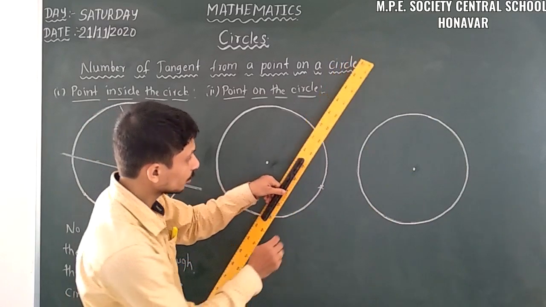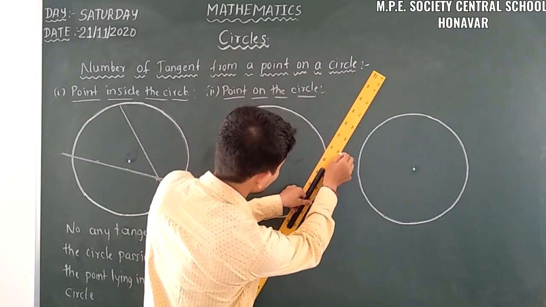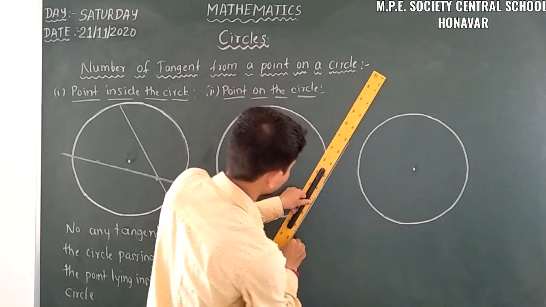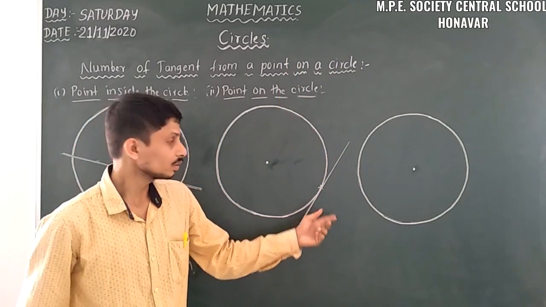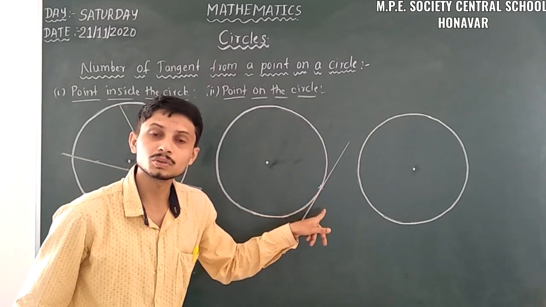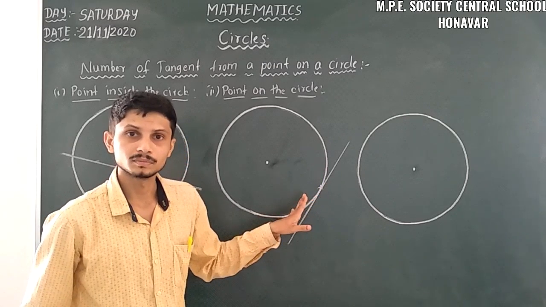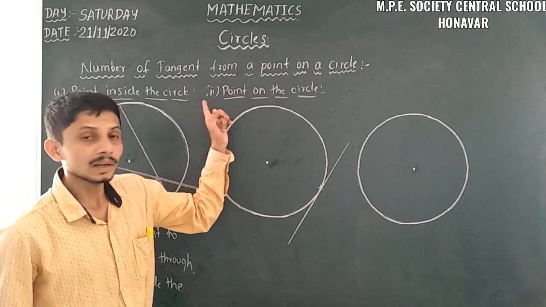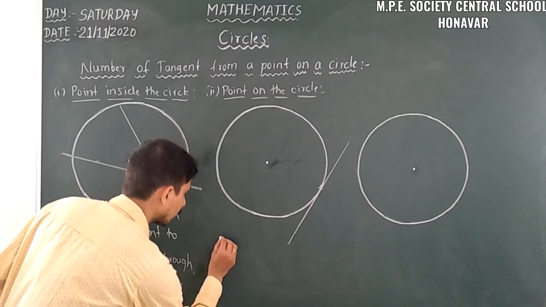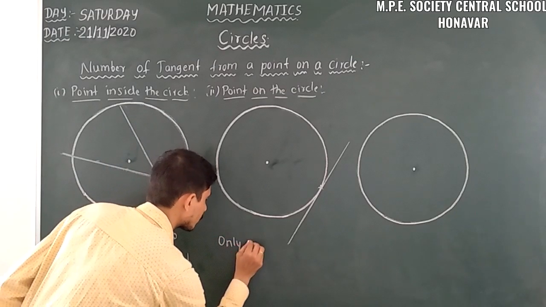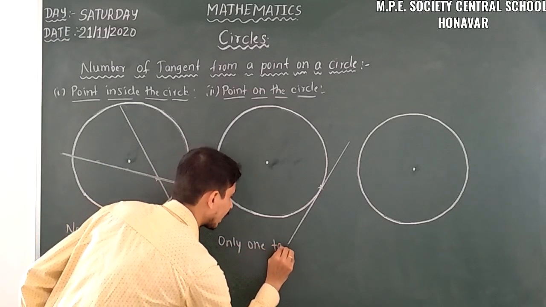Just observe how many tangents can be drawn here. Only one tangent is available. Only one tangent is drawn passing through this point. So when a point is on the circle, we can draw only one tangent.